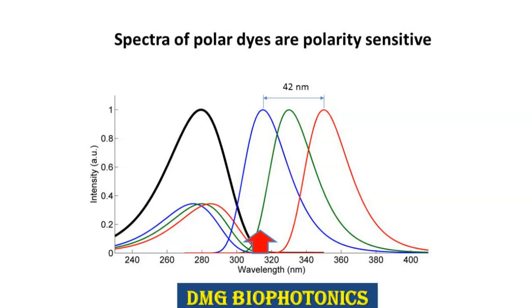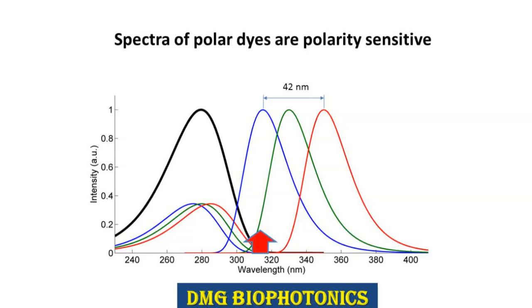But if a side chain is on the surface of the protein and therefore is exposed to the aqueous environment, the absorption spectrum shifts to red, and then this fraction can be excited selectively in the 310 to 320 nanometers range. This water-exposed red fraction is strongly susceptible to oxidation by reactive oxygen species.